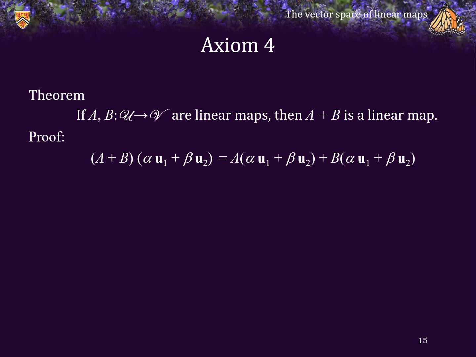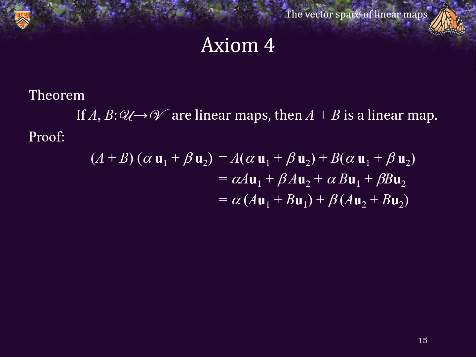Now, A and B are both linear, and therefore each of them distributes across the corresponding linear combination. Now we have a sum of 4 vectors in V. What we can do is group them based on the scalar multiple, and then because scalar multiplication distributes across vector addition, we can factor out the scalar.